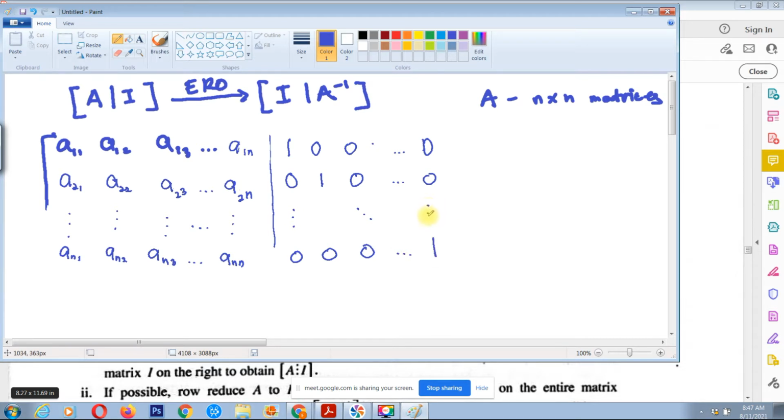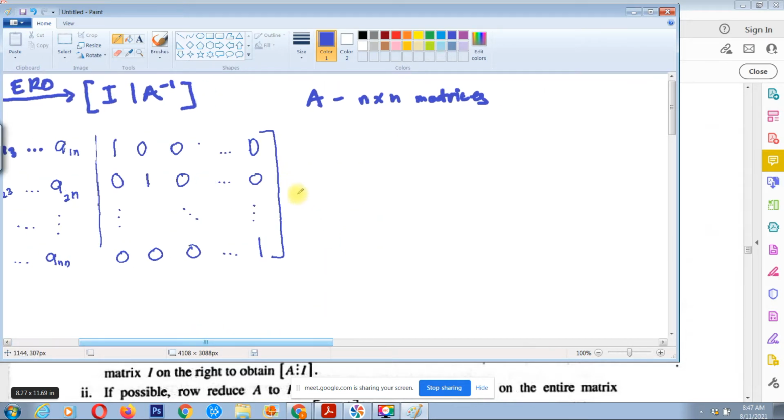So we know that this is the identity. Once we use ERO, elementary row operation, we will have 1, 0, 0 dot dot dot, then 0, 1, 0, until 1.